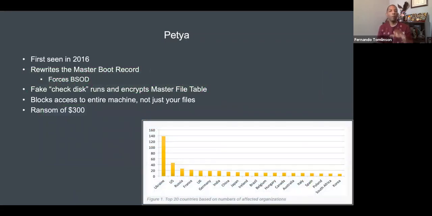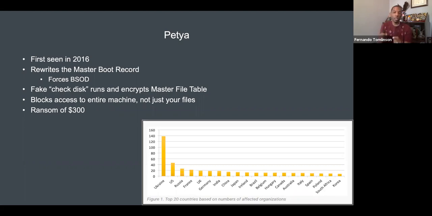All right, so Petya 2016, this one sought to rewrite the master boot record, right? When it initially affected the machine, it infected the MBR, it forced a reboot, and then it triggered essentially the MFT being encrypted.